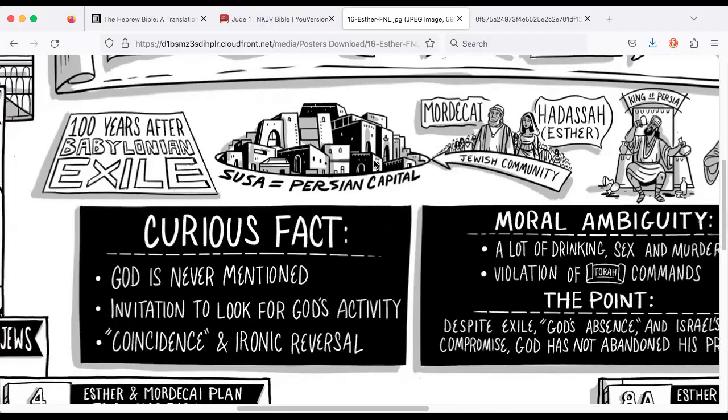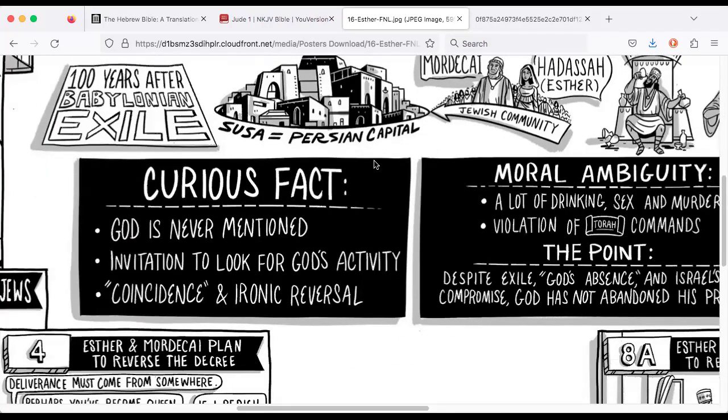There's a couple curious facts about this. One is that God is never mentioned in this book in the Bible. And there was even a little bit of difficulty for this to get into the Jewish Old Testament. It's not like you had a codified Jewish Old Testament even in Jesus's day.